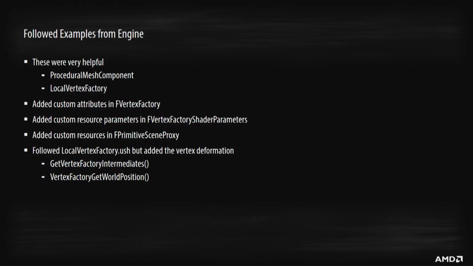So, we took these things and added all of the custom stuff that we needed, additional attributes in the vertex factory for the vertices, and custom resource parameters and custom resources as well for all the different types of buffers that we need.